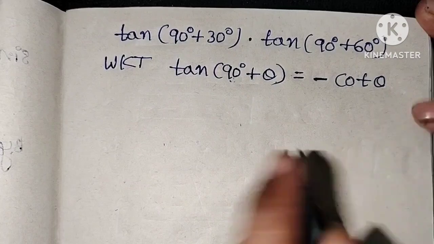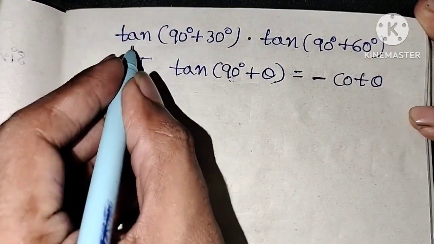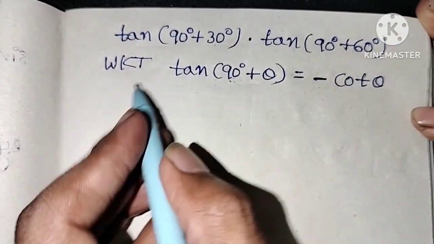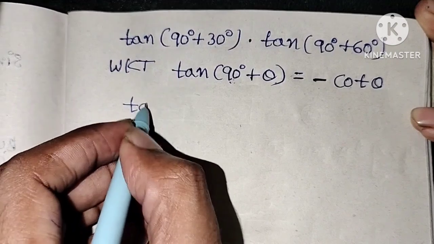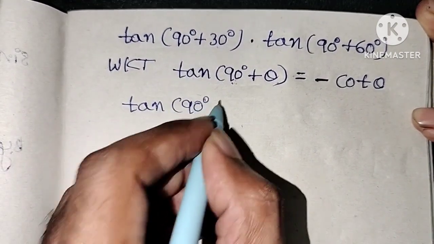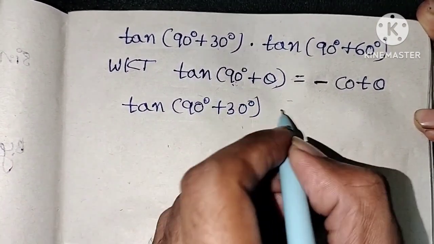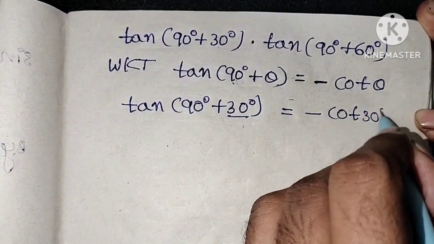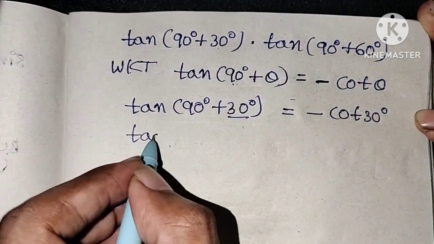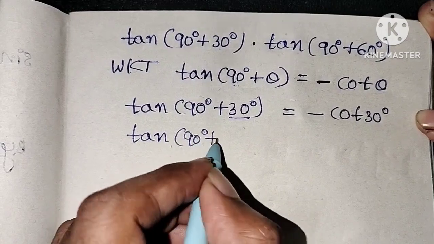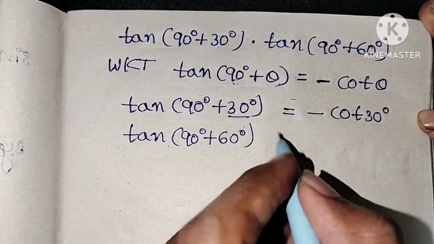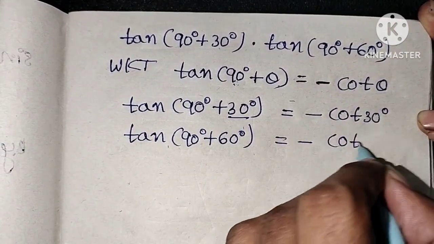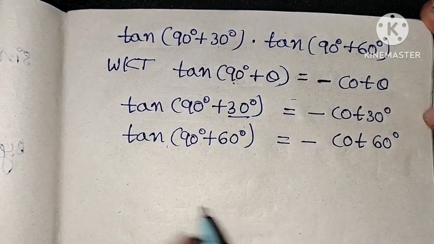So using this formula, we can write tan(90 + 30), here θ is equal to 30, is equal to minus cot 30. Similarly, tan(90 degrees + 60 degrees) is equal to minus cot 60 degrees.